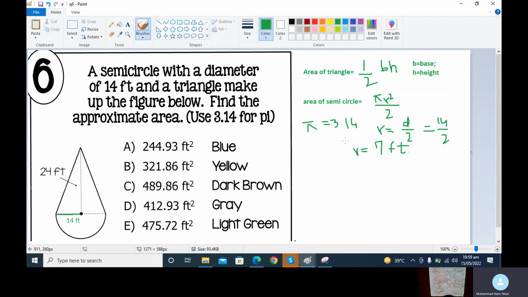Circumference is 2 pi r, and 2 pi r you can also write as pi d, where d replaces 2r. The area formula is pi r square. Square is present in an area. Pi r square, and in this question we have a semicircle, so that's why we divided by 2.